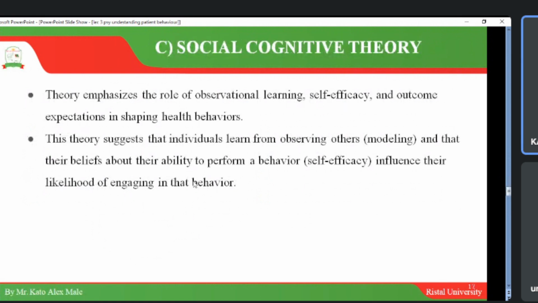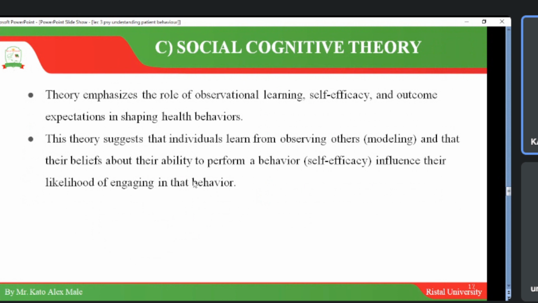Then another theory is social cognitive theory. This theory emphasizes the role of observational learning. Yes, and observational learning is important in development, where the child develops from. Then self-efficacy and outcome expectations in shaping behavior. How does an individual's development shape their behavior?